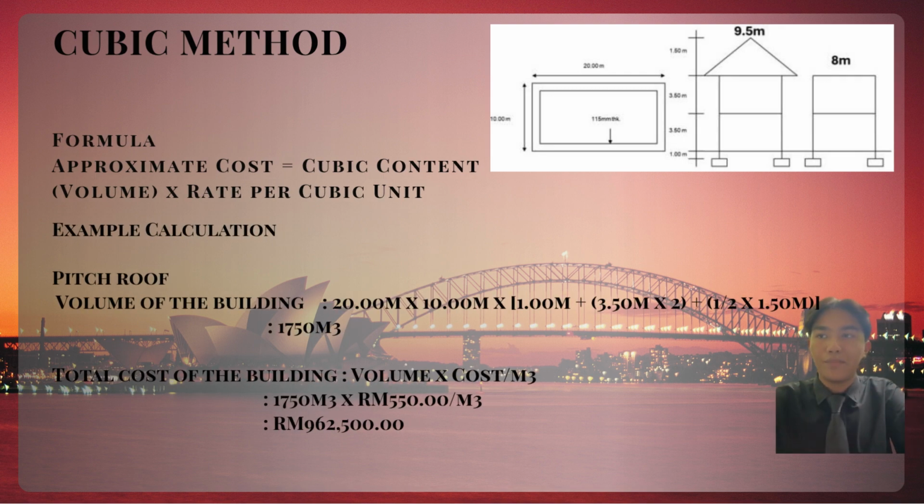Next is the cubic method. The formula of approximate cost is cubic content volume times rate per cubic unit. I will take a pitched roof, for example. Based on the pictures up there, we will calculate the volume of the building, which the answers will be 1,750 meter cube.